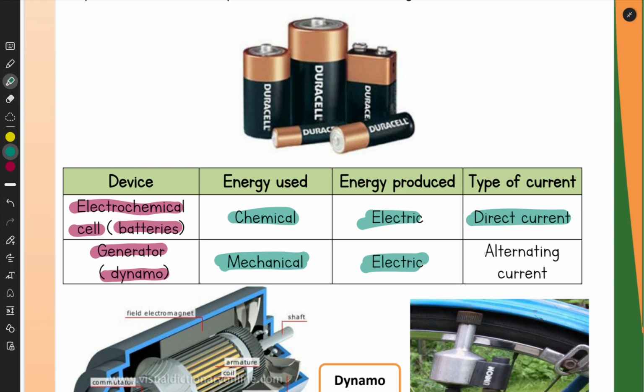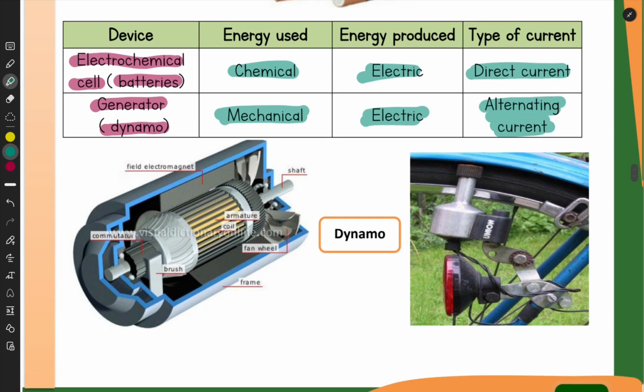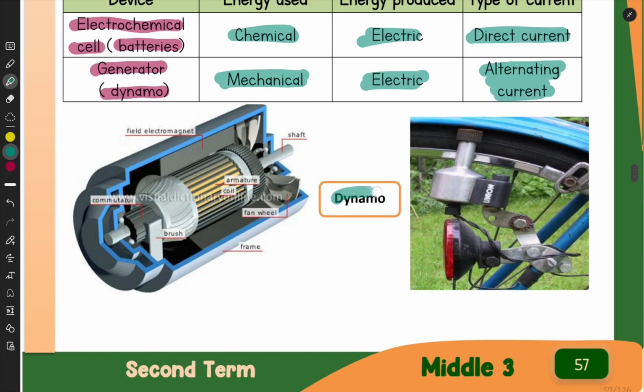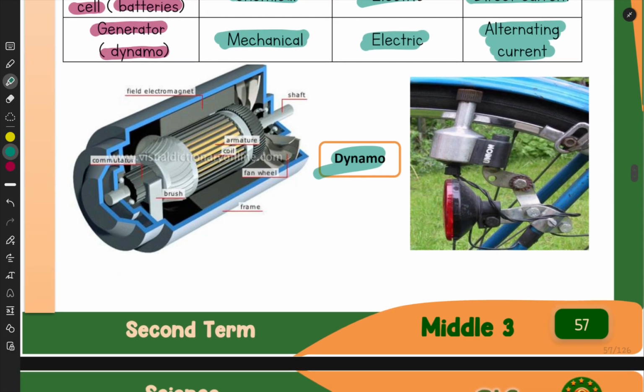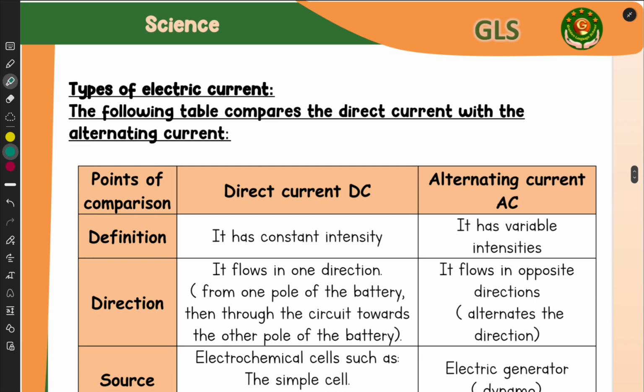The type of current here is alternating current. Okay, so this is the figure of the dynamo and how we can use it. We can use it in your bicycle to operate some light bulbs or something like that, or even to charge your battery.